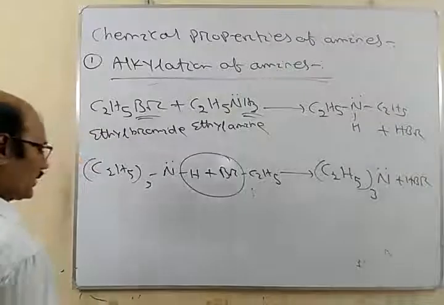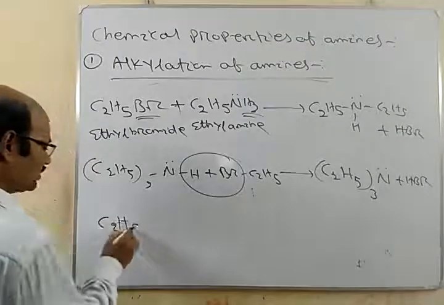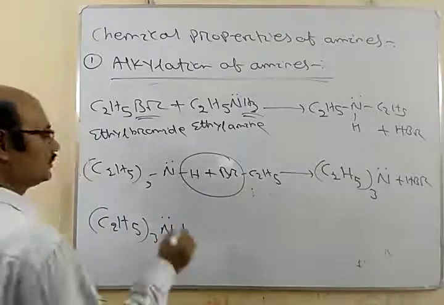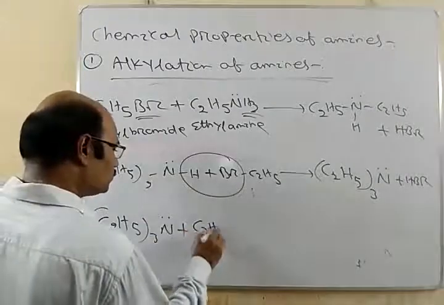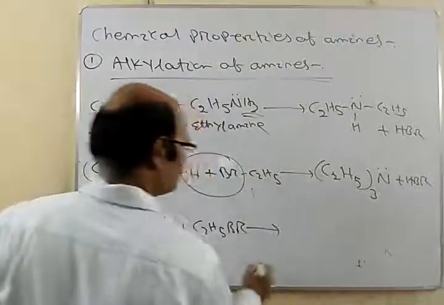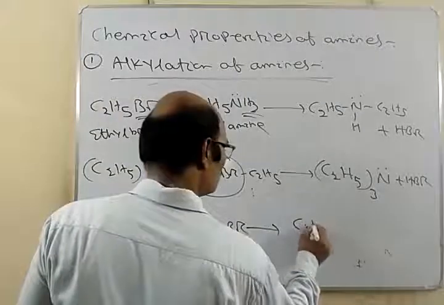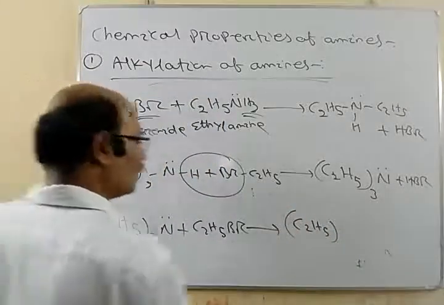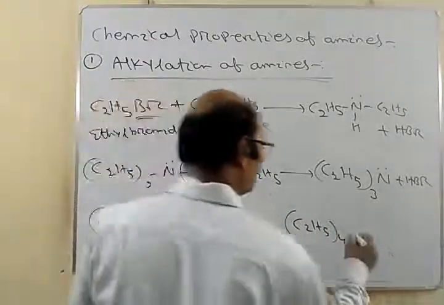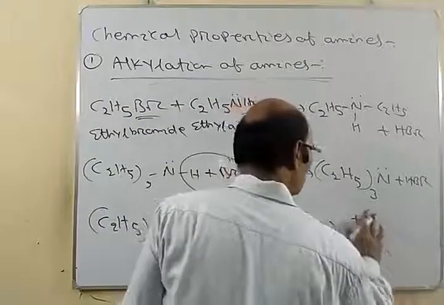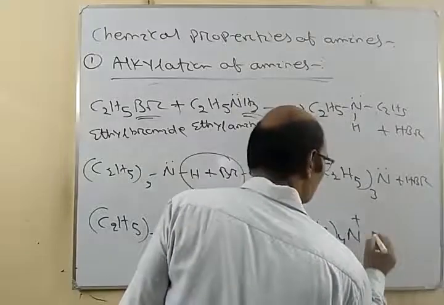Okay, now (C2H5)3N plus again C2H5Br will give what? (C2H5)4N plus Br minus.